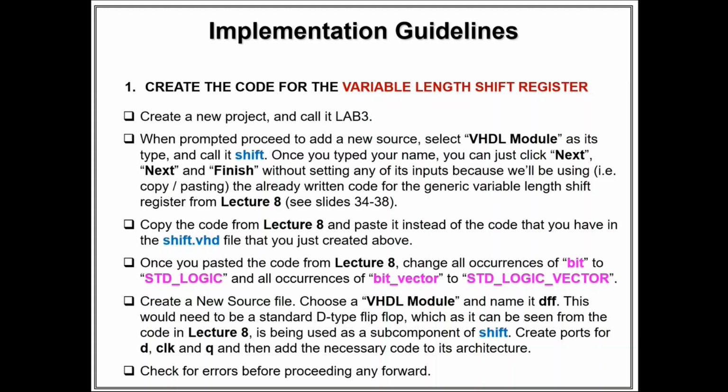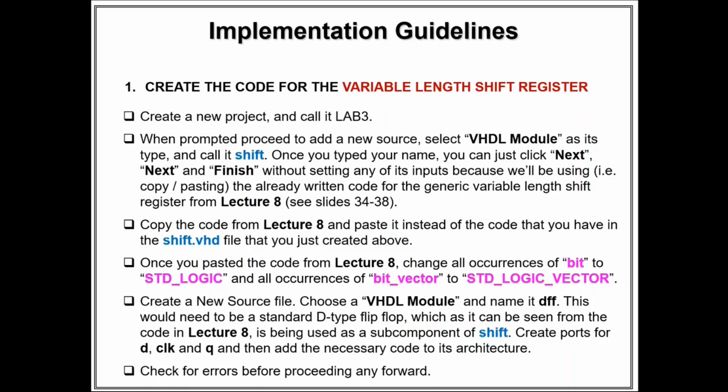Then when it's asking you, just make sure, of course, that you set the language as VHDL. You can leave the devices as they are. When it's asking you for a new source, select VHDL module and then call it shift.